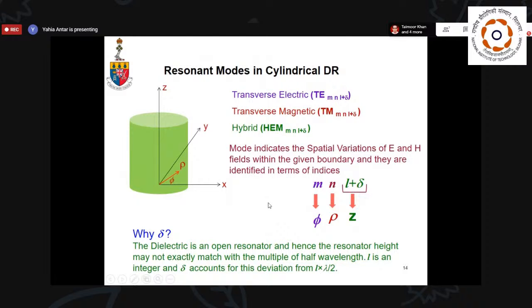And these are all explained in that. And you can see the mode notation here, as you've probably seen, m with the phi, n with the rho, and l plus delta. Delta, l could be 0, and delta is basically the height in the z direction, and that could be varying depending on the frequency and so on.